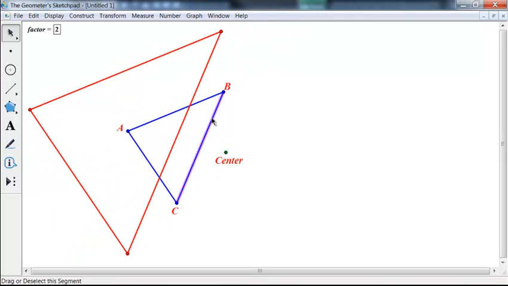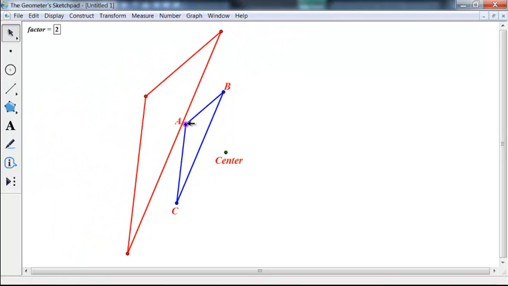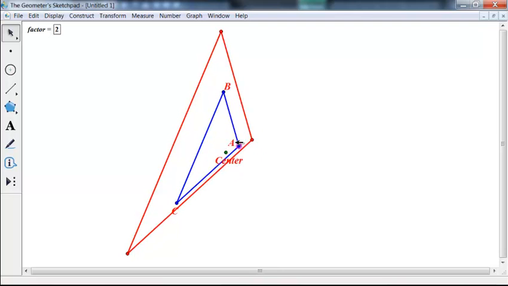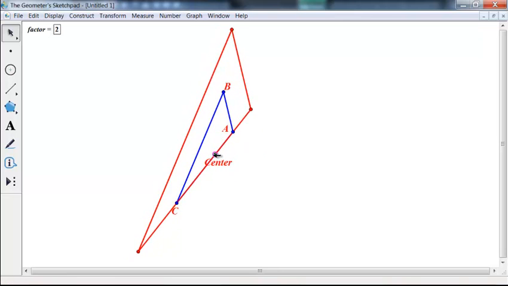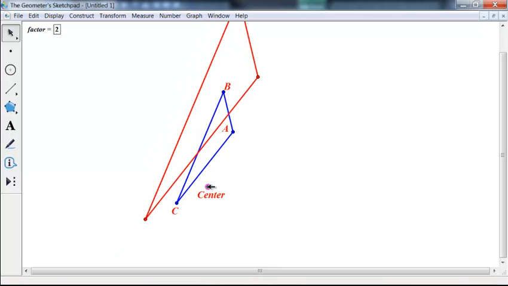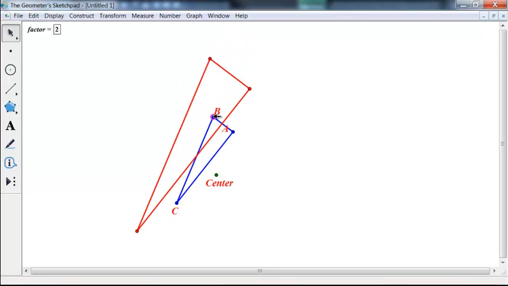Now notice something very different happened this time from the examples we looked at in the past: this dilation gives you something that is not congruent to the original. So there's the image B prime, A prime, and C prime.